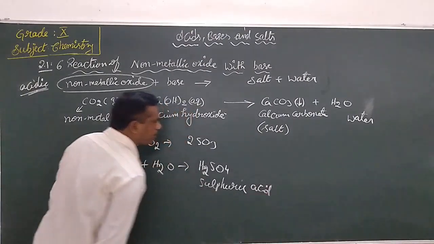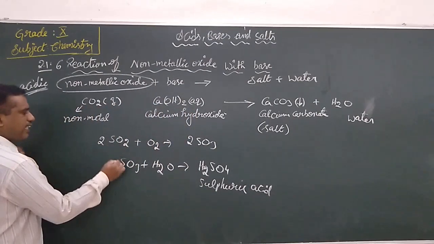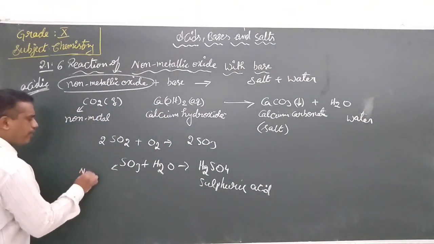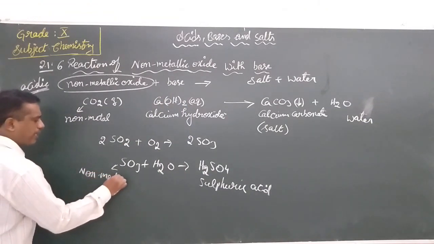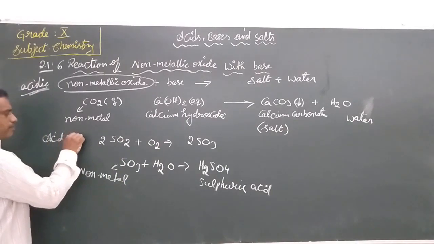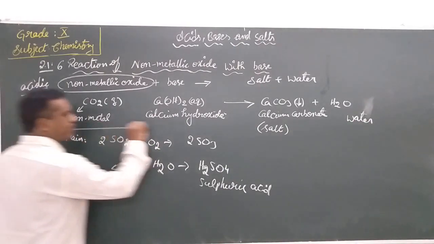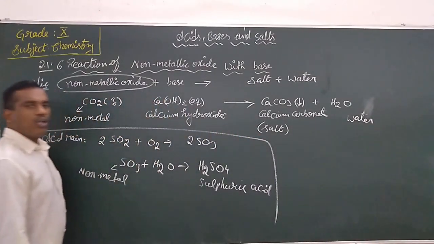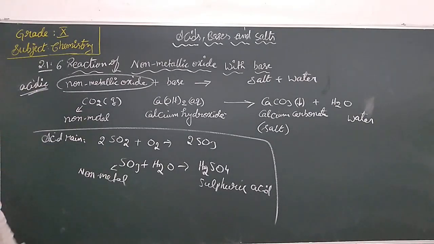That is the acid rain composition. Sulfur is a non-metal. So non-metallic oxides are acidic in nature. These are the two main conclusions that we have drawn.